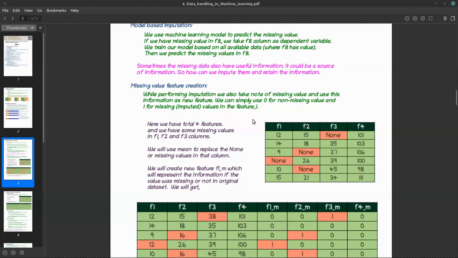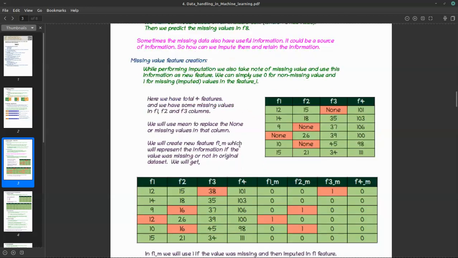In model based imputation, for a given column, the missing data is predicted by a machine learning model trained on the rest of the data.